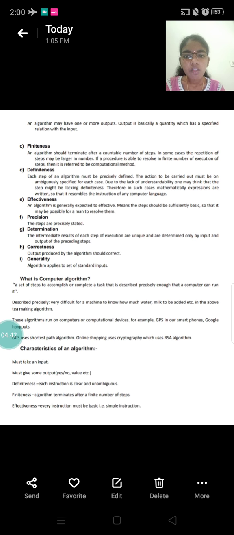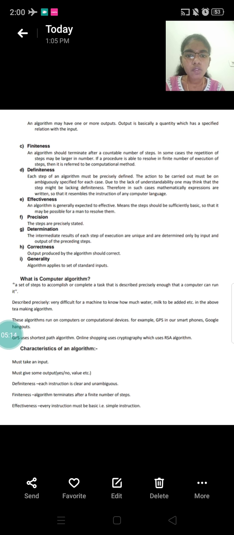Third one is finiteness. An algorithm should terminate after a countable number of steps. In some cases, the repetition of steps may be a large number. If a processor is able to execute an infinite number of steps, then it is referred to as a computational method. Definiteness. Each step of an algorithm must be precisely defined. The action to be carried out must be unambiguously specified for each case.